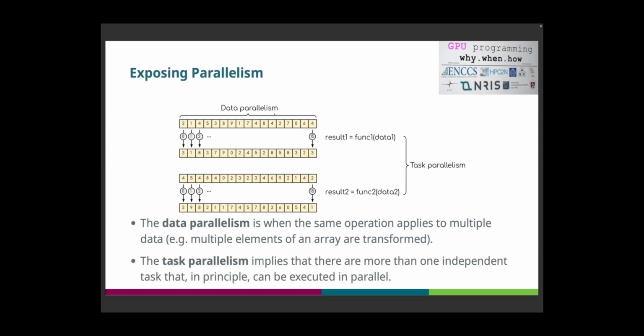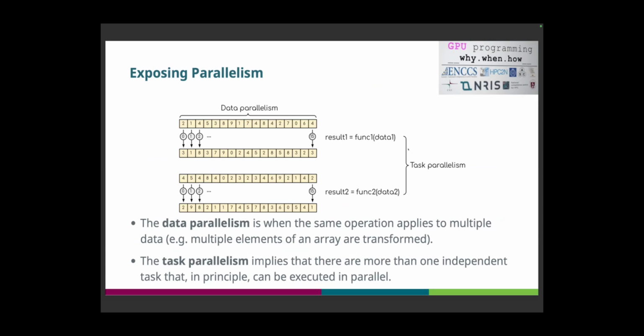So in order to use GPUs, we have to expose the parallelism in our program by using data parallelism. The other type of parallelism is called task parallelism. This is used when we have applications that have different operations.